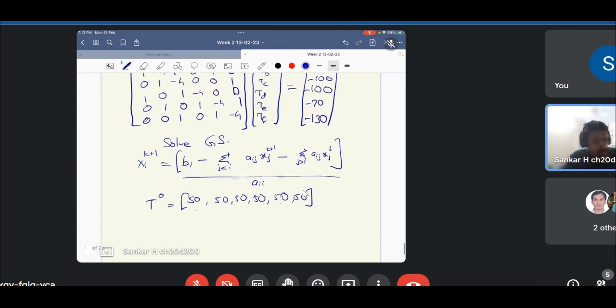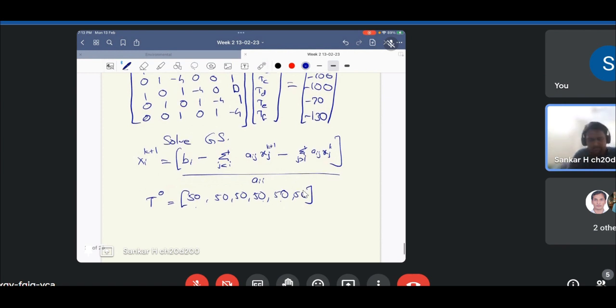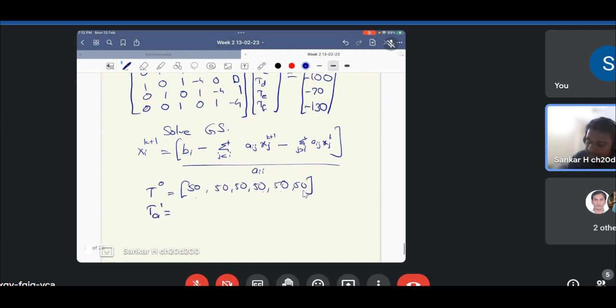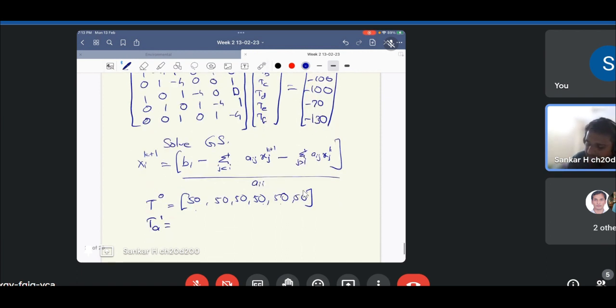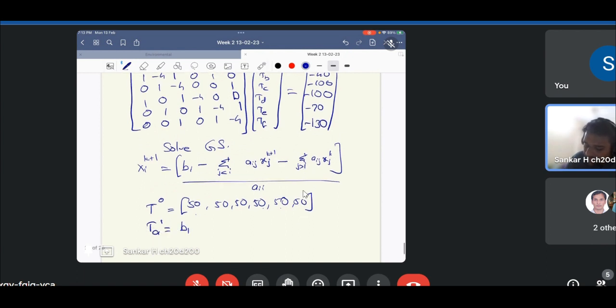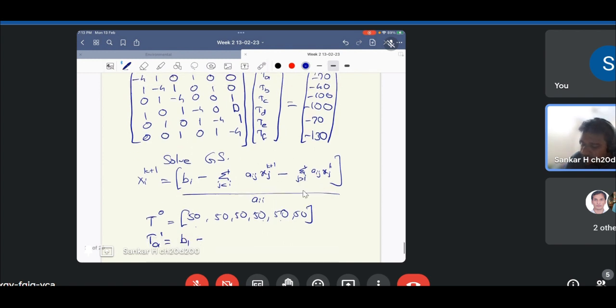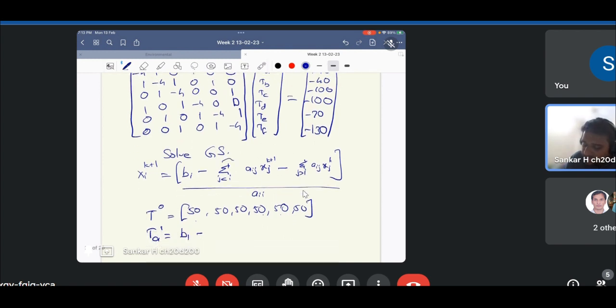So first, for the first iteration, TA1 is given by b_i, which refers to b1, minus the sum over j less than i. Here i is right now 1, so there's nothing for j less than i. Basically, this much.